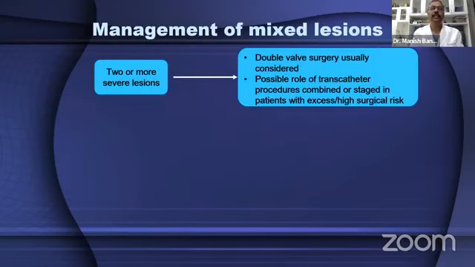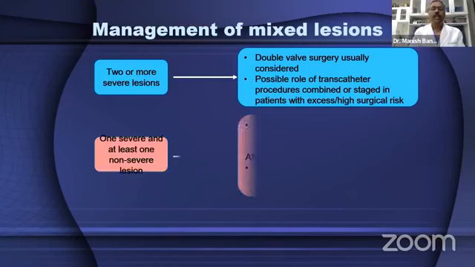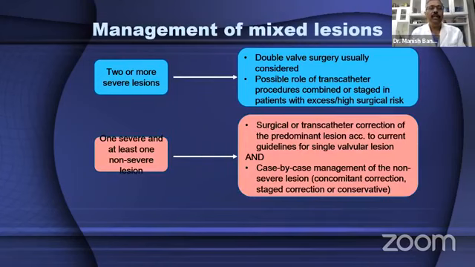But again, there are some basic principles here. If we have two valve lesions which are both severe, then treating both of them together is generally recommended. And because this may be associated with high surgical risk, there may be a role for transcatheter procedures, if possible. If one lesion is severe and the other is non-severe, then the management is guided by the severe lesion.